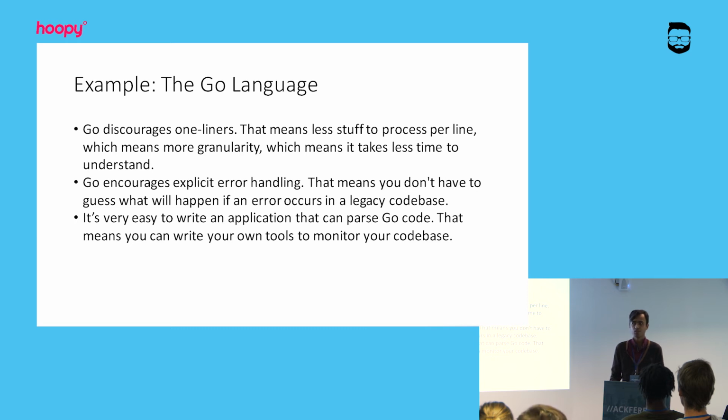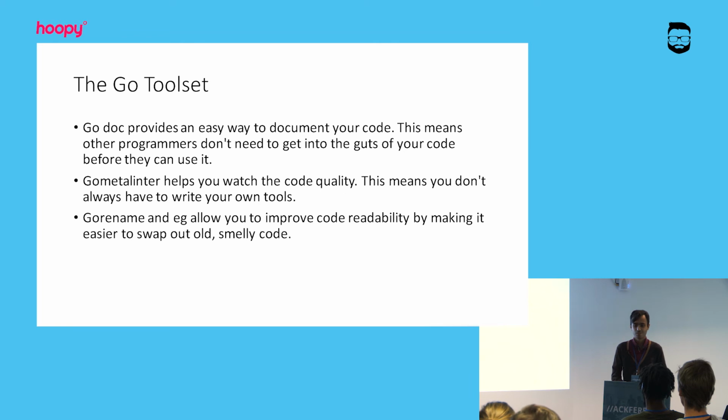So you can easily write a piece of code that loads up the Go code, looks at it, and turns it into what they call the AST, where you can look at it in your code as a kind of tree and say, there's error handling here. I will show you in a later slide that there is a tool which uses this to do a lot of checks, which is super useful. Everyone hates it because it keeps giving you errors for all the stuff you did wrong, but it's very useful if you use it in the right way. But I'll get to that.